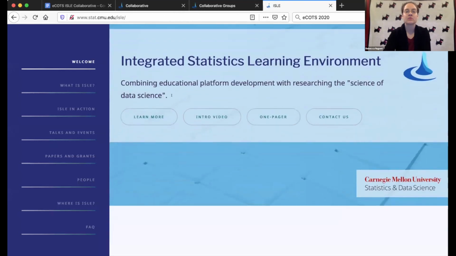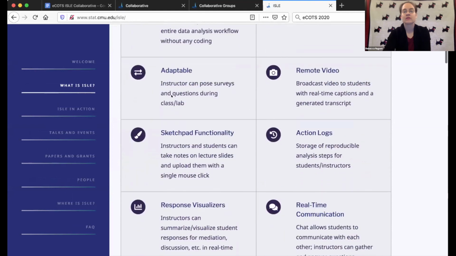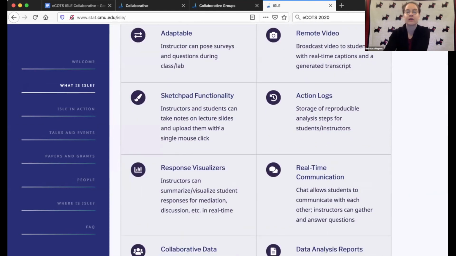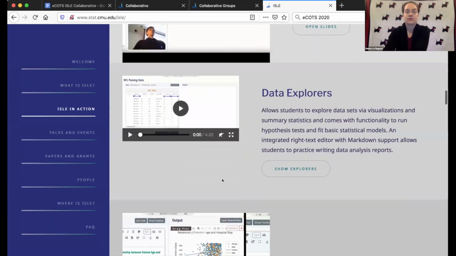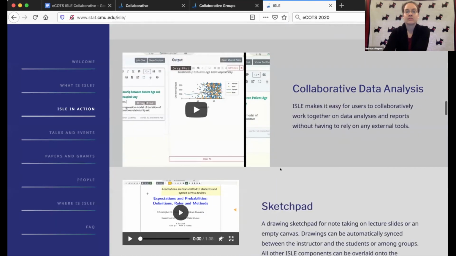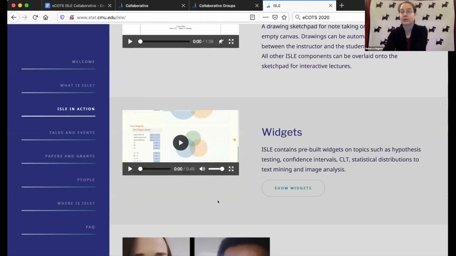So if you come to this website, you can see examples of data explorers, there are ways you can do remote videos. You can think about how to teach different kinds of models. There are widgets, for example, all the typical widgets you'd expect: confidence intervals, hypothesis test, working with distributions.